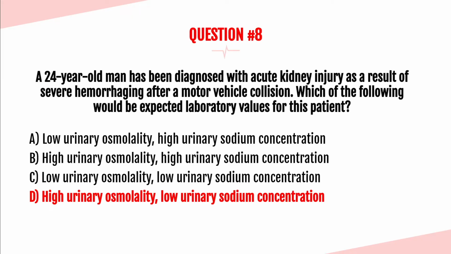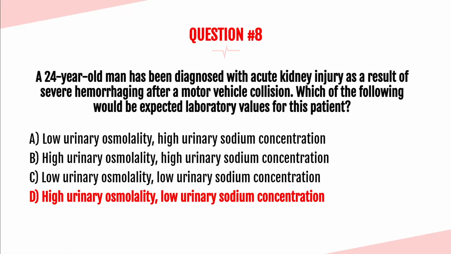And in the case of hypoperfusion, the kidneys are like, whoa, there is not a lot of volume here. So let me hold on to all of the water and sodium that I can get my hands on. It's going to conserve the sodium and conserve the water, so there is not going to be a lot excreted into the urine. And that is what's going to lead to the low urinary sodium concentration.